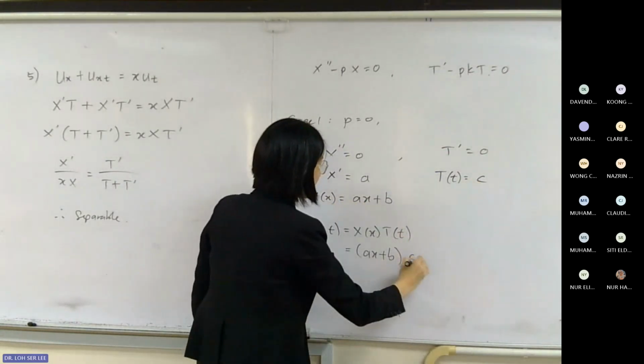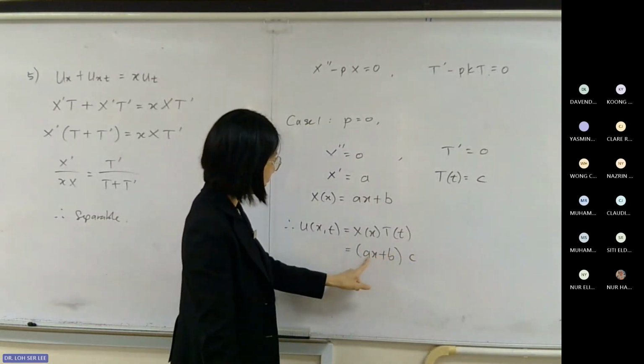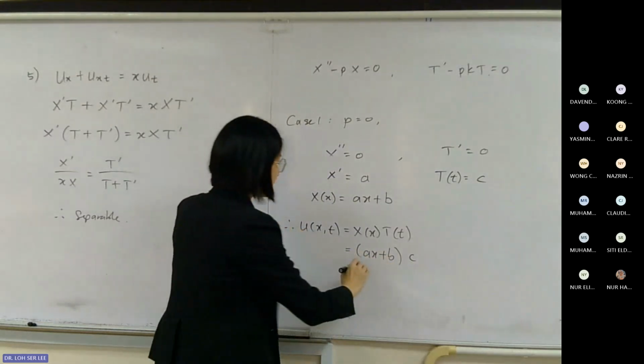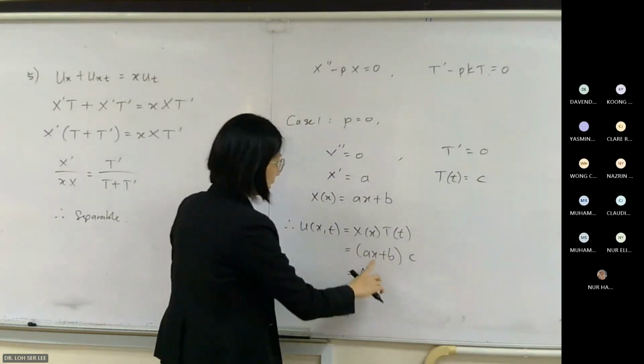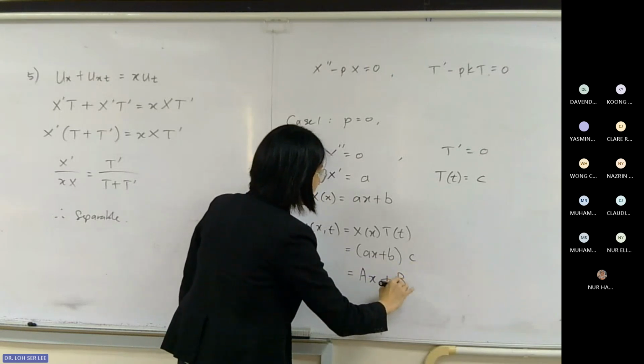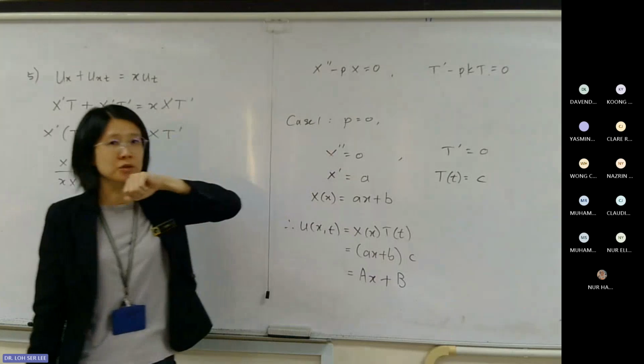A, b, c are constants, so constant times constant, you get a new constant, let's say a, and then plus bc, another new constant, let's say b. So this is the solution for the case of p equals to 0.